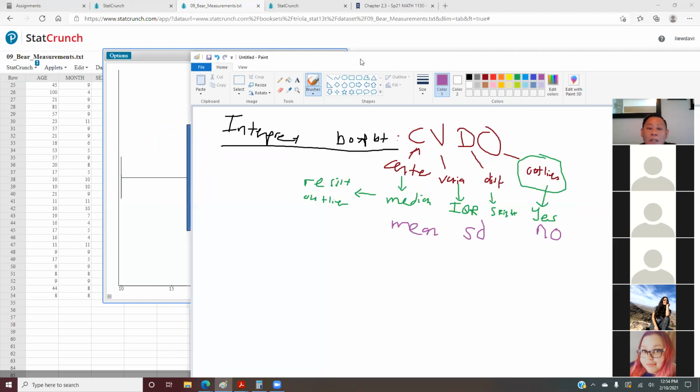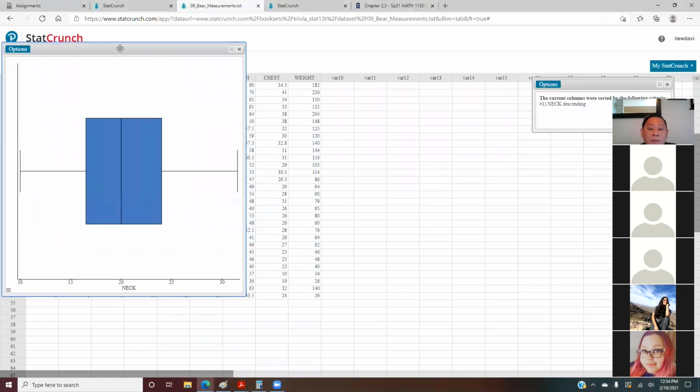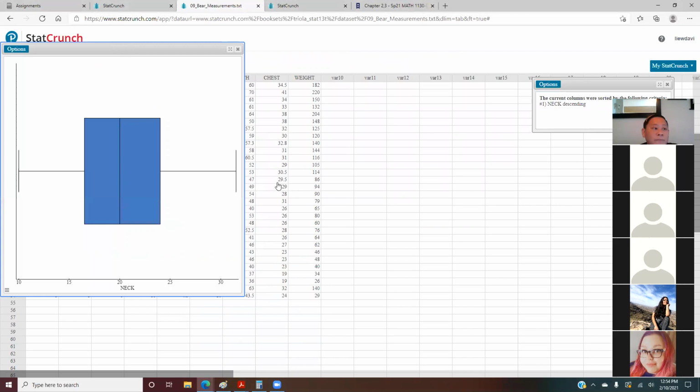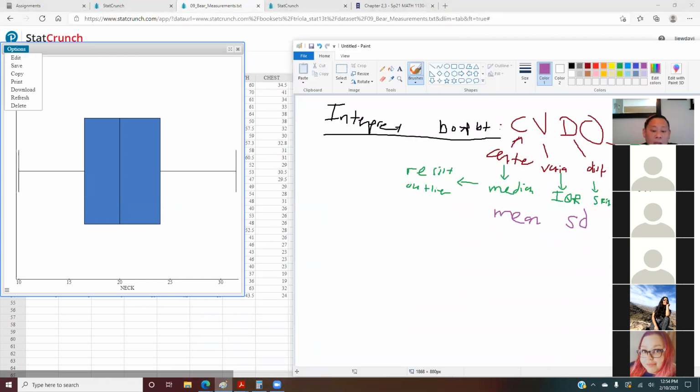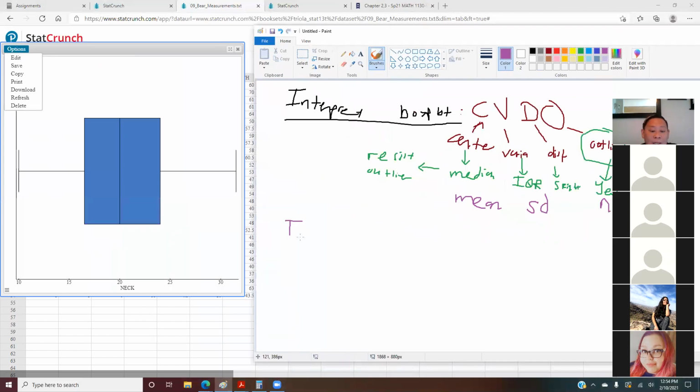Can someone interpret this box plot? I can. Is it like skewed in the middle? Okay, you say there's no outlier here, right? Yeah. So you have to tell me the mean and the standard deviation.